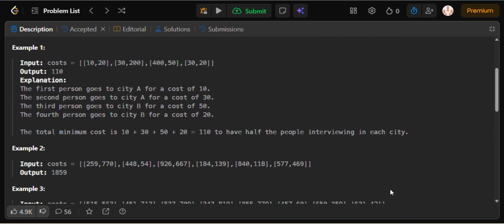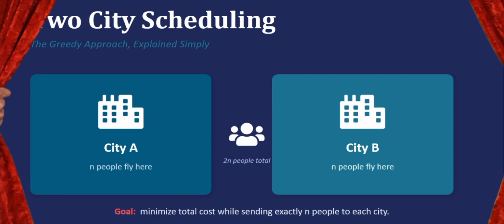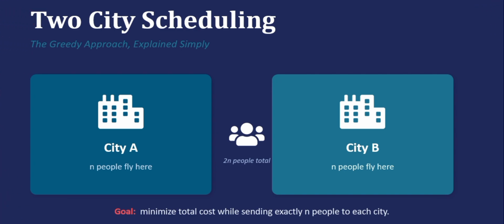But how do we arrive at the efficient solution? The first thought that comes to your mind is a brute force solution. The most obvious idea is for every person, send them to A or send them to B. Then check whether exactly half went to each city, finally calculate the total cost and keep the minimum. The problem is that the number of possibilities grows exponentially.